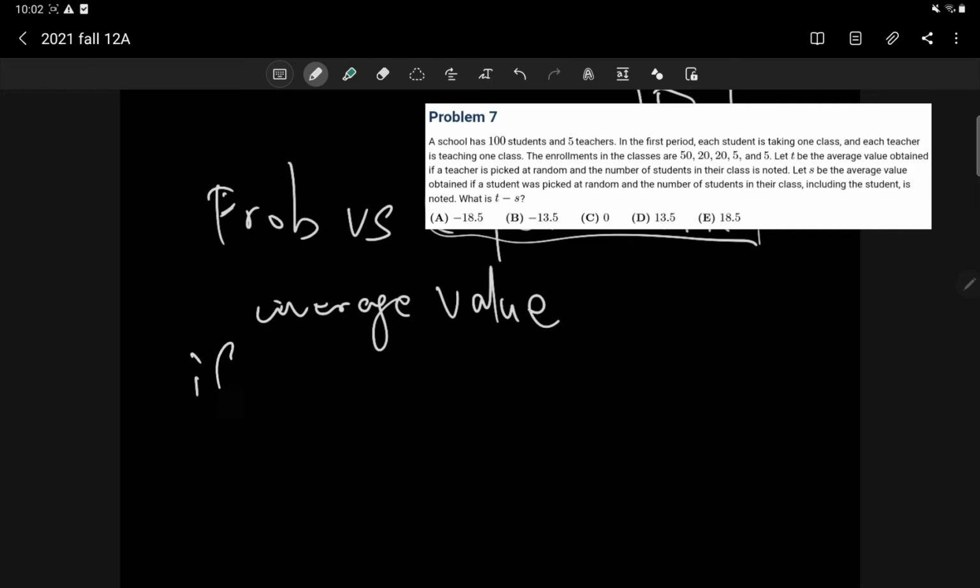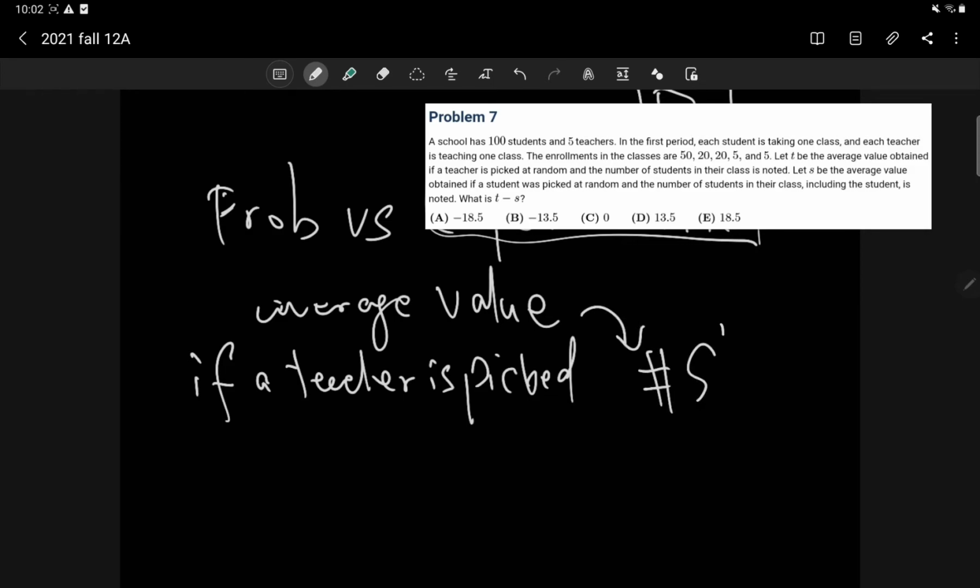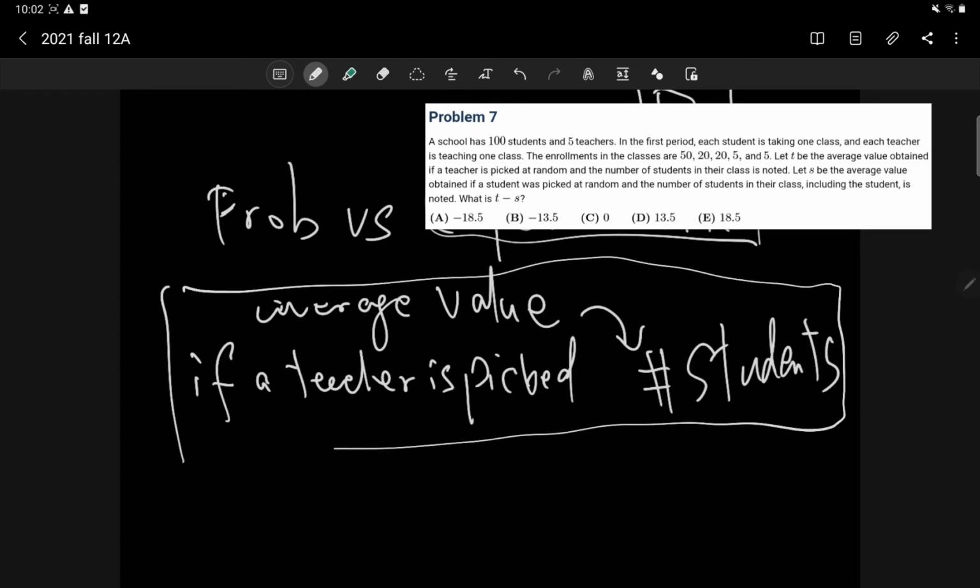right? If a teacher is picked and the value of number of students, right? This is very important because how can we understand this sentence?